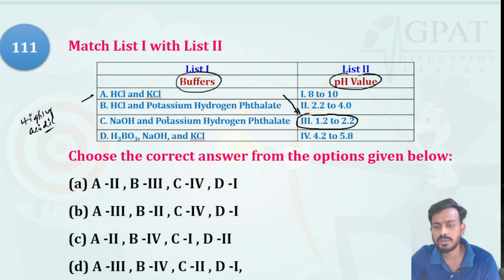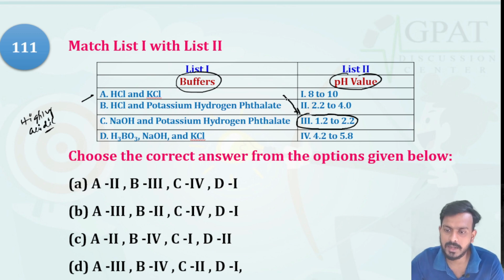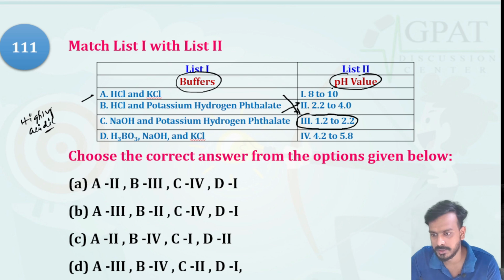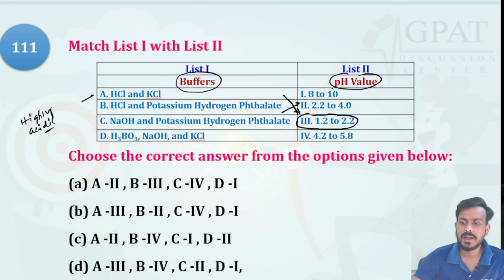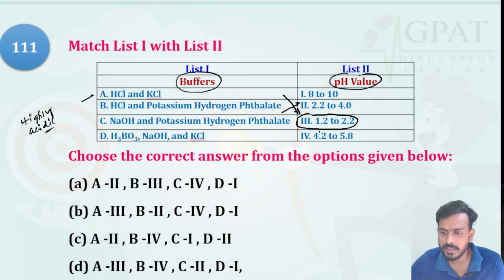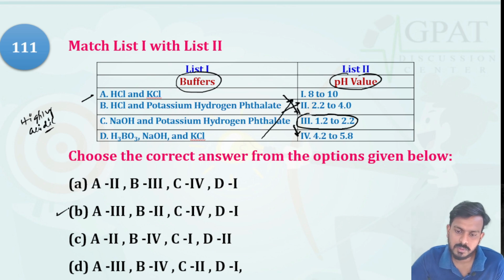Next, when we talk about HCl and potassium hydrogen phthalate, the pH range would be 2.2 to 4.0. Next is sodium hydroxide and potassium hydrogen phthalate, which is 4.2 to 5.8, and the H3BO3, NaOH, KCl range is 8 to 10. So option B is the correct answer.